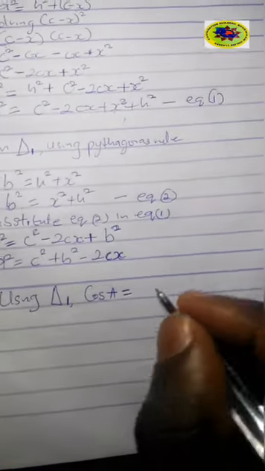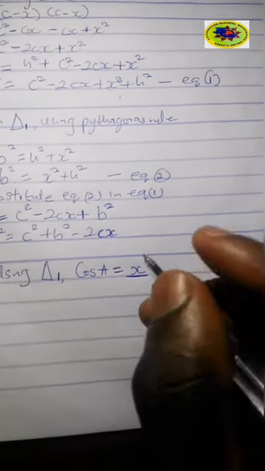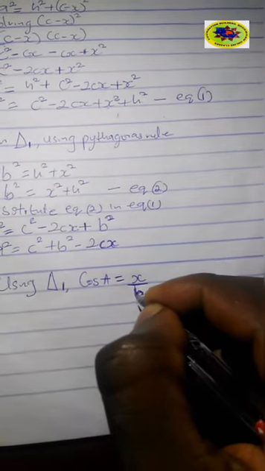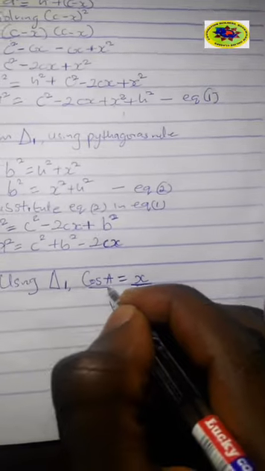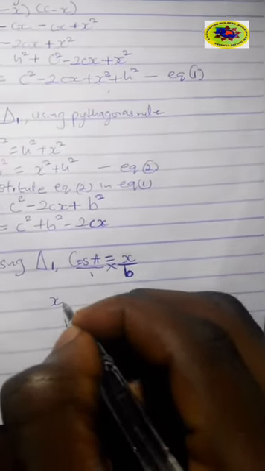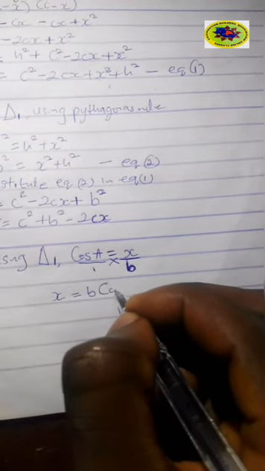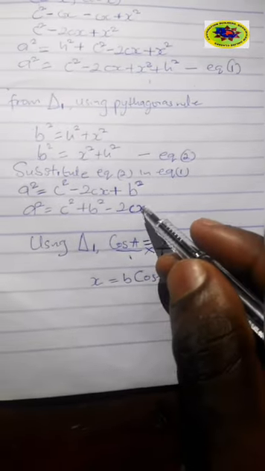Therefore cos A is equal to x all over the hypotenuse, which is b. When you cross multiply, let's say this is over 1, x times 1 gives x equals b times 1, which gives b cos A. Now substitute this in this equation.